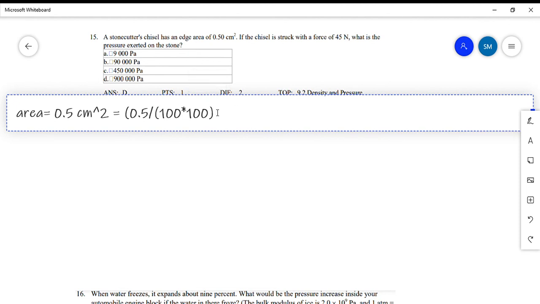In this way, it will give us the result in meter. So the result will be 5 times 10^-5 meter square. This is the area.